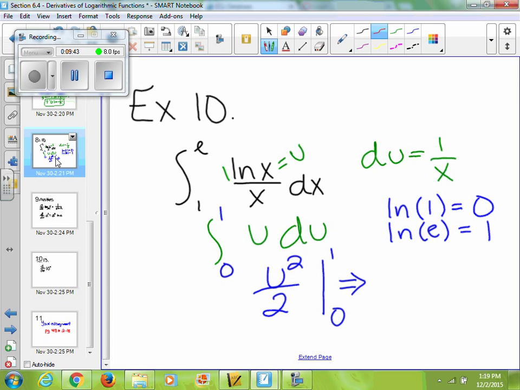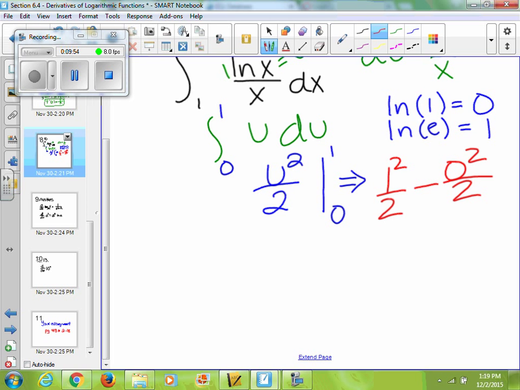So if I plug in my upper limit, I get 1 squared over 2, minus my lower limit, 0 squared over 2. What's 1 squared over 2? 1 over 2. And 0 squared over 2 is 0, and what's 1/2 minus 0? 1/2. So my integral from 1 to e of the natural log of x over x is actually equal to just 1/2.